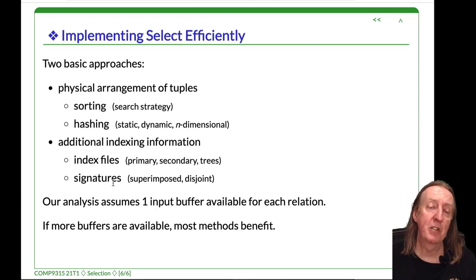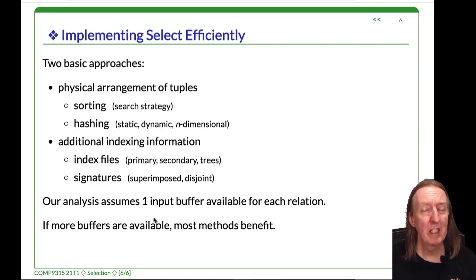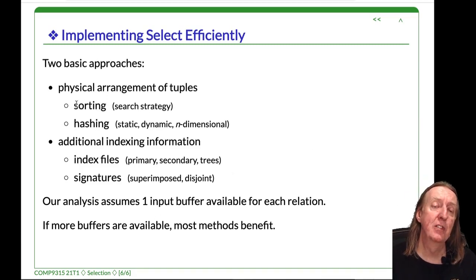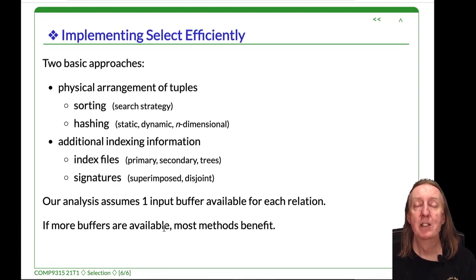So when we come to compare all of these, we're not going to include the cost of writing the final result effectively. If you've got multiple passes, as you do in some of these techniques, then sure, having more than one input buffer is useful, but not necessary to make the technique work.